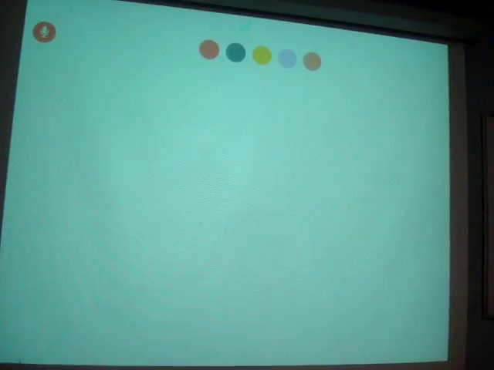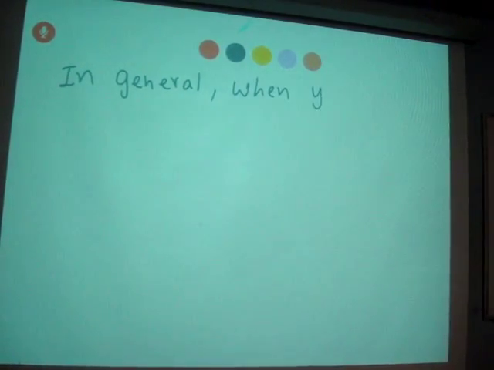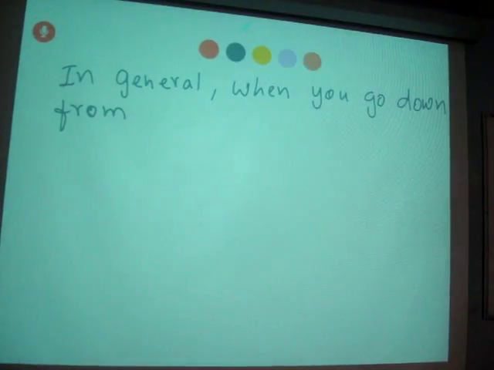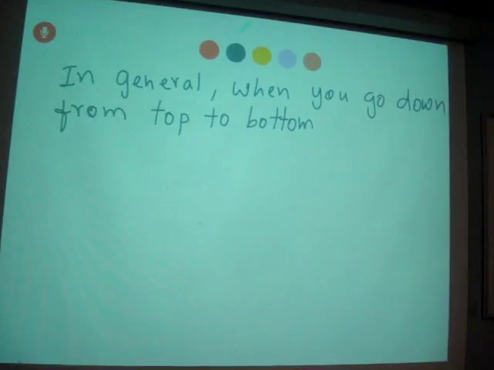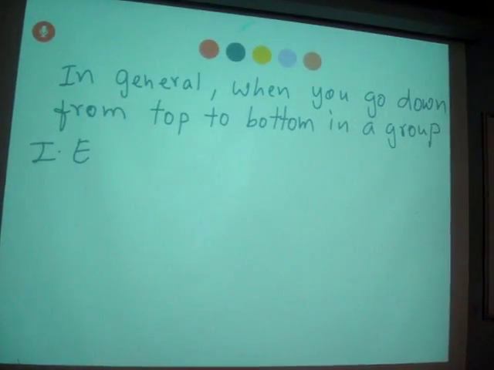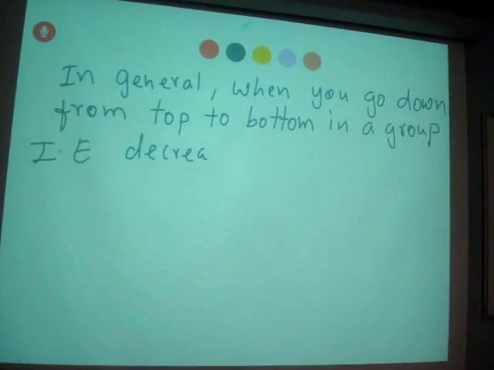In general, when you go down from top to bottom in a group, does ionization energy increase or decrease? It decreases. Why? I'm going to show you.